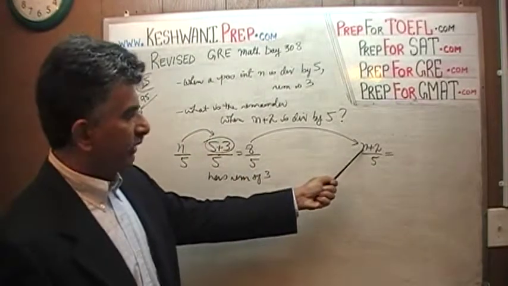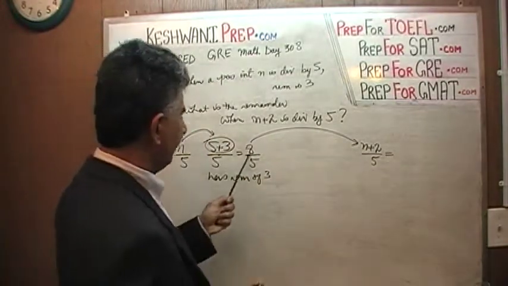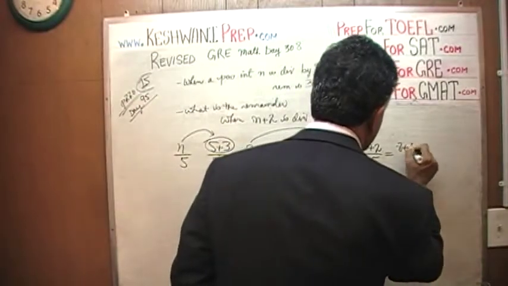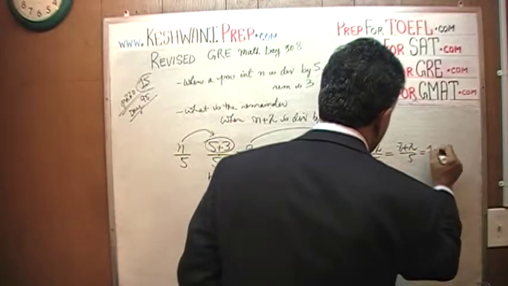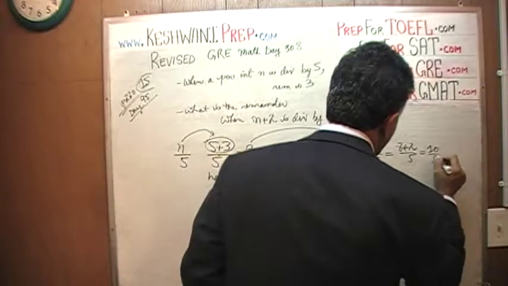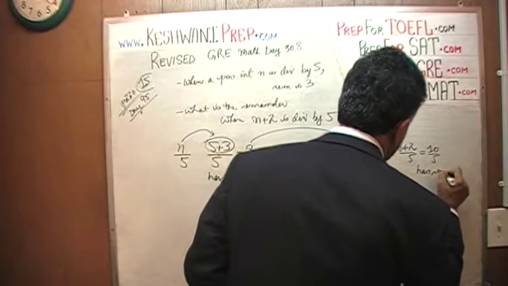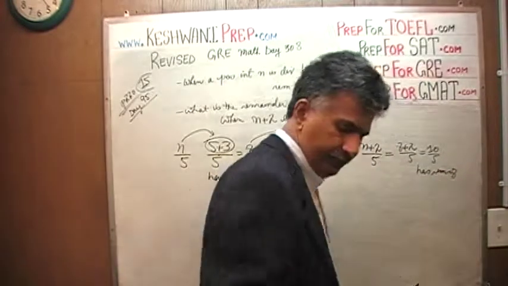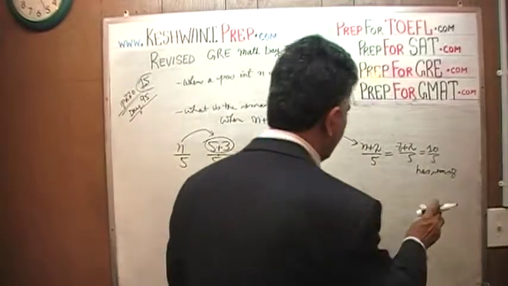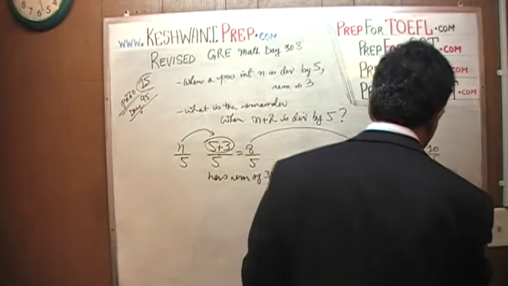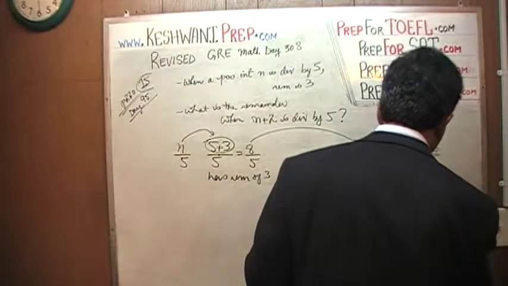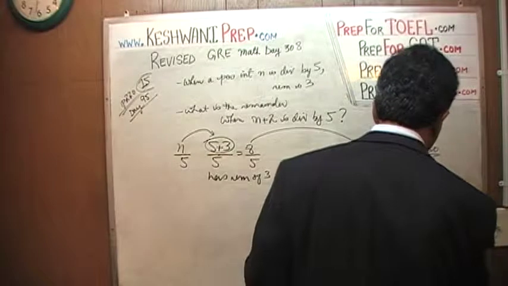Question is, what's the remainder when you divide n plus 2 by 5? Well, n is 8, so it's 8 plus 2 divided by 5. It will be 10 divided by 5, which has a remainder of 0. I just realized that I had not put down the answer choices.